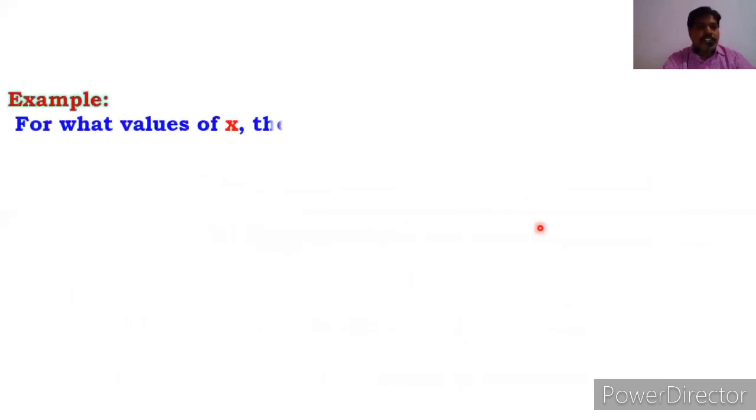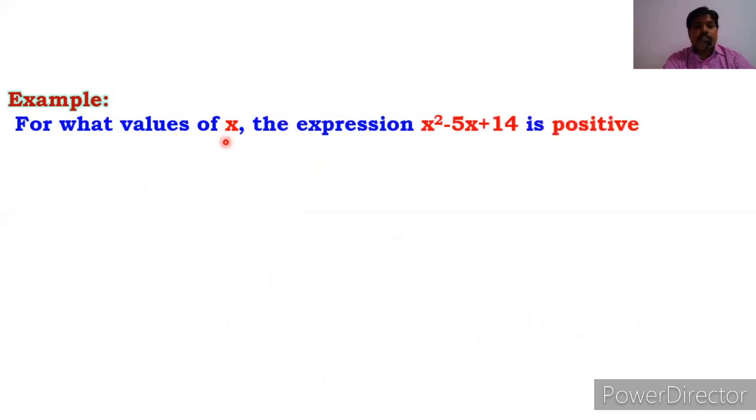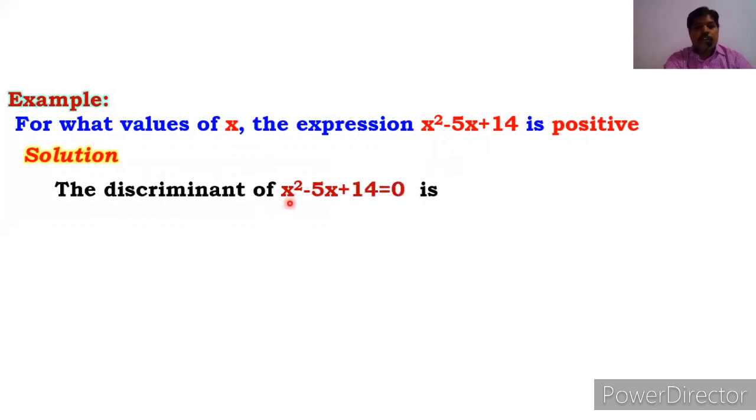The first problem is: for what values of x is the expression positive? First you have to calculate the discriminant. It is in the form ax square plus bx plus c, where a is 1, b is minus 5 and c is 14.